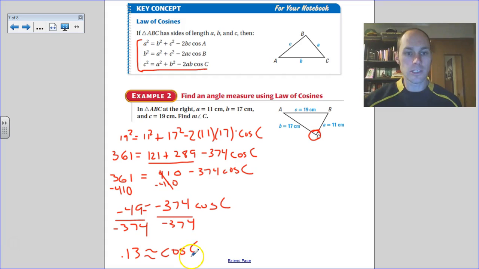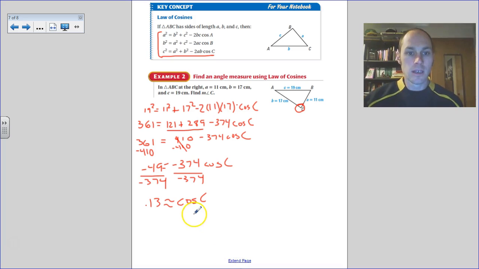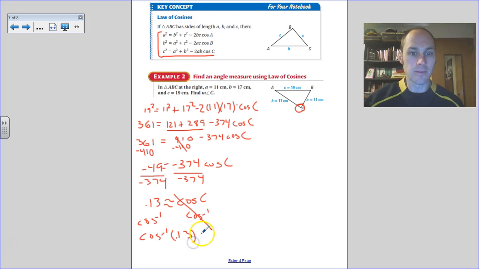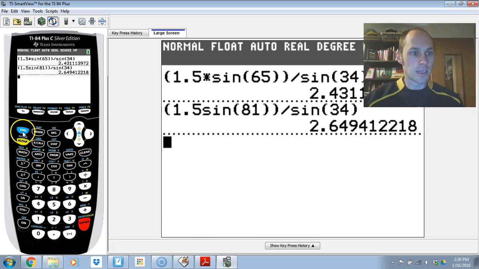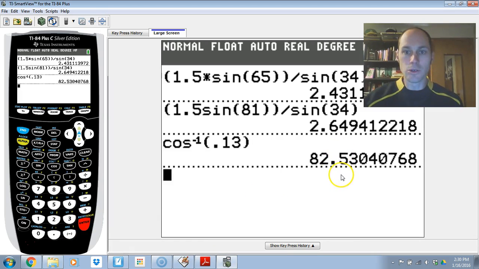So now in order to solve for C, we need to remove cosine from this side of the equation. So we'll need to do the cosine inverse. So the cosine inverse of 0.13, and that'll give us the value of the angle C. So I can go to my calculator and take the cosine inverse of 0.13, and that is about 82.5 degrees.